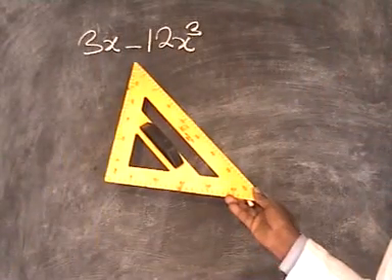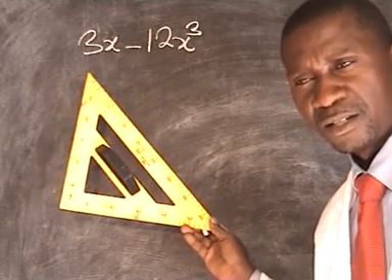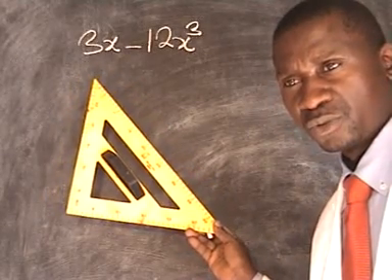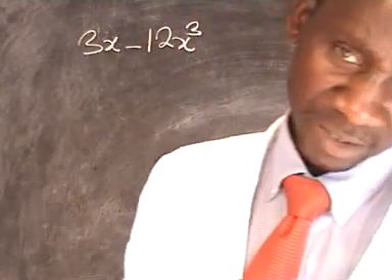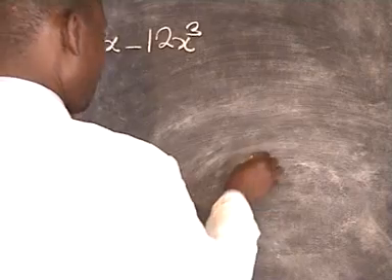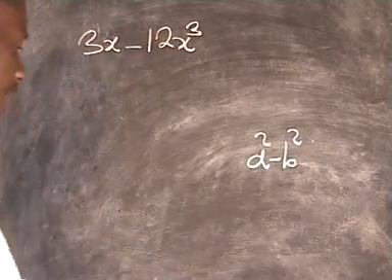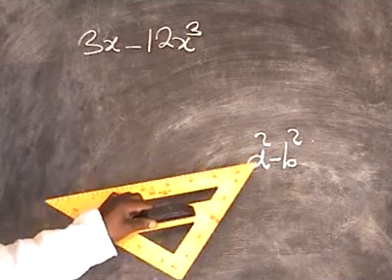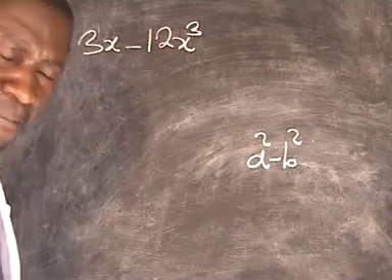This is not all that difficult to handle, as long as one can understand the difference between the two squares. So before I handle the question, what is this difference of two squares? If you have a squared minus b squared, a is said to be a square term because it is raised by power 2, and again b is a square term because it is raised by power 2.